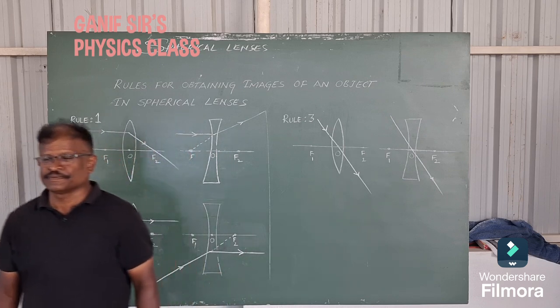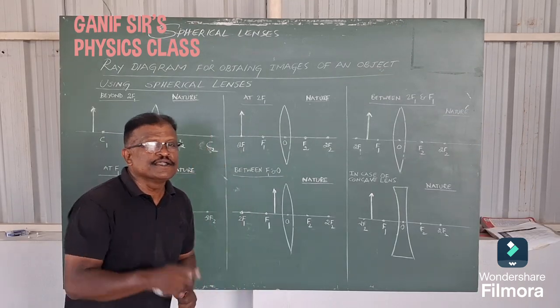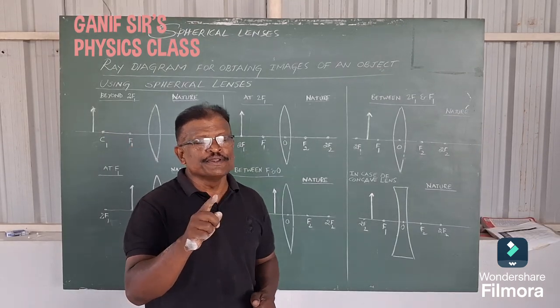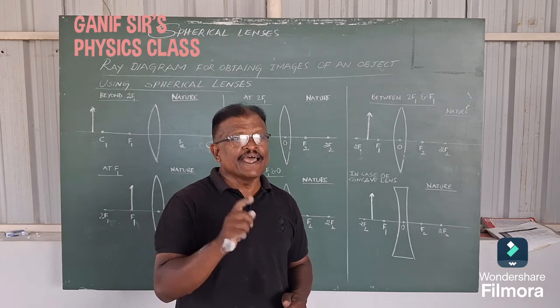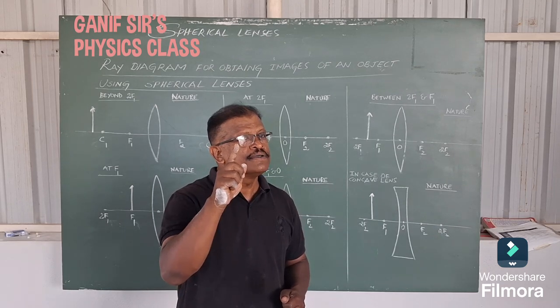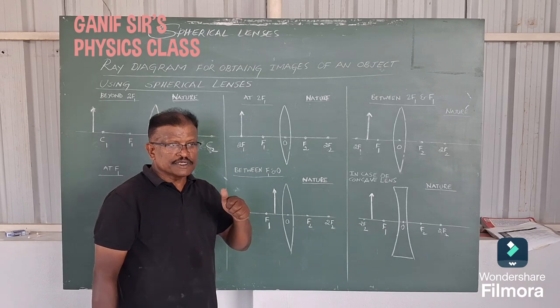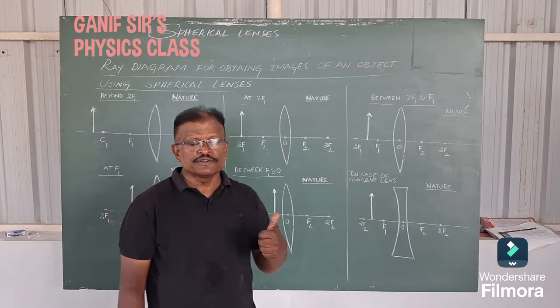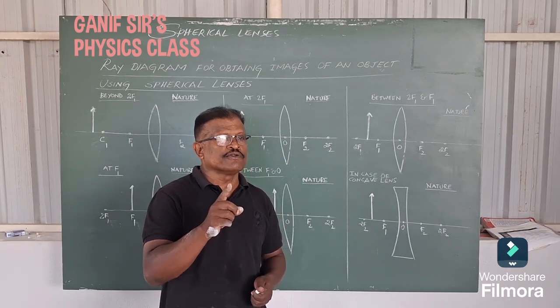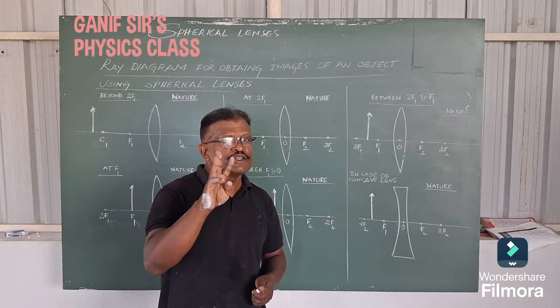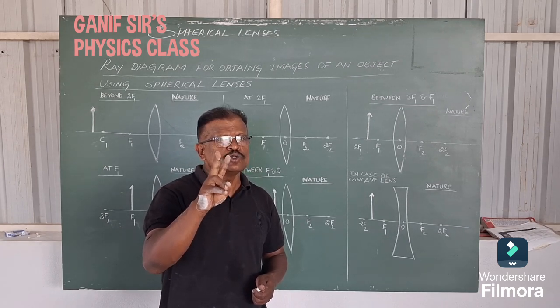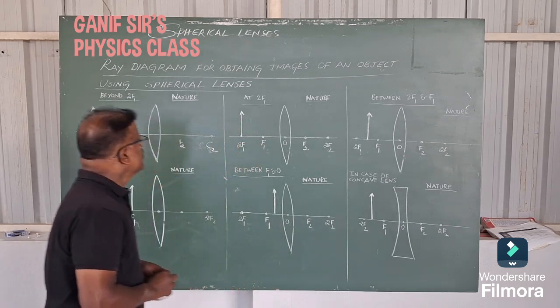Dear students, today we are going to learn how to draw ray diagram using the spherical lenses. To draw ray diagram for spherical lenses, we have to follow strictly the three rules, at least two rules out of three.